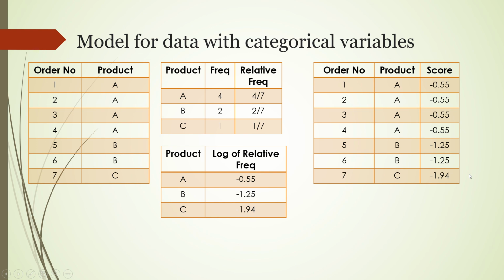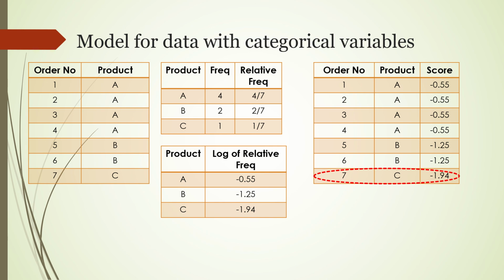Just by looking at the table, you can see that a log score of minus 1.94 is the maximum, and it denotes the rarest entry, or the rarest of the rare combinations of records. So I can see that this looks more or less like an anomaly.